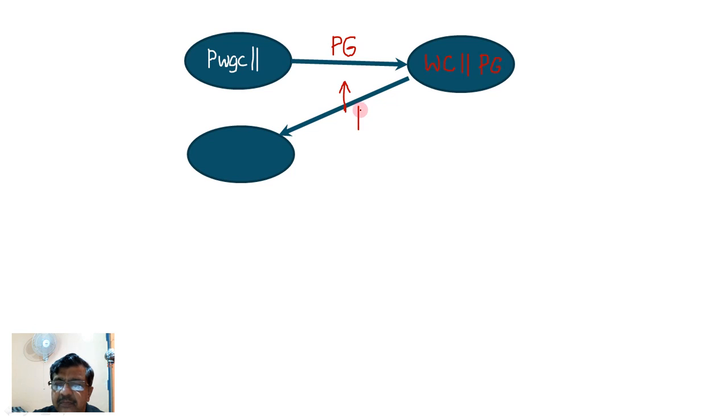Now peasant will move. When peasant comes over here, on the other bank are peasant, wolf, cabbage. And goat will remain on the other bank because peasant has come back.